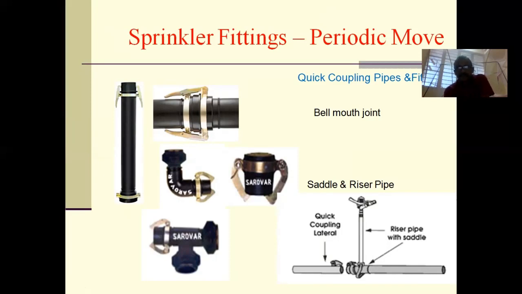And these are all some of the fittings that are commonly used in periodic move system. Obviously, this is a bend. When we need to bend your supply pipe, then we can make use of this. And this is a T. So when we want to divide a supply pipe into two lines, wherein on one side you want to use some sprinklers, on other side also you want to use some sprinklers, then you can make use of T. And this is an end block.